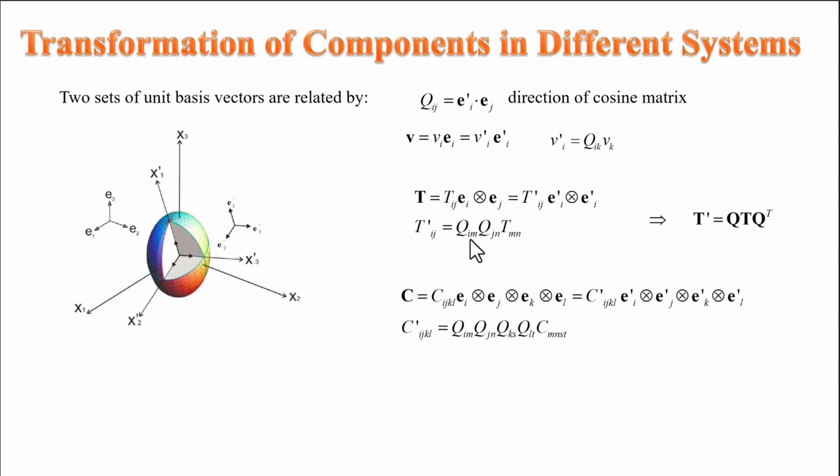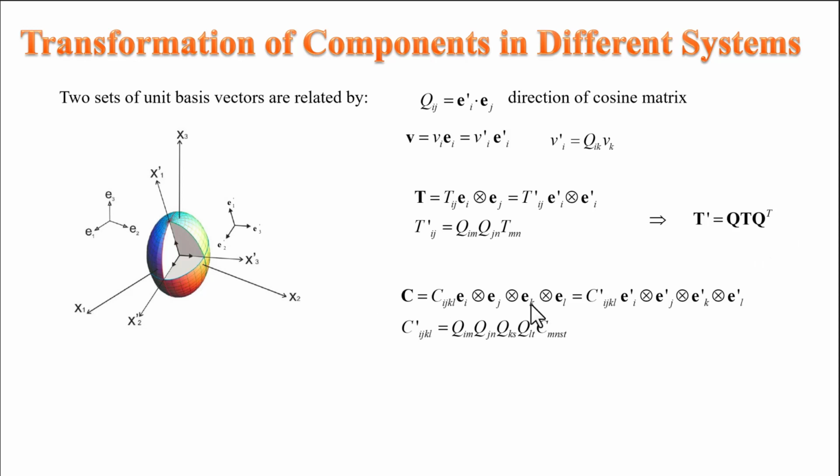For second-order tensor, the Cartesian components transform from one set of unit vectors to another set of unit vectors according to this. For second-order tensors, Q occurs 2 times. For second-order tensors, the tensor transformation can also be written as a matrix multiplication.